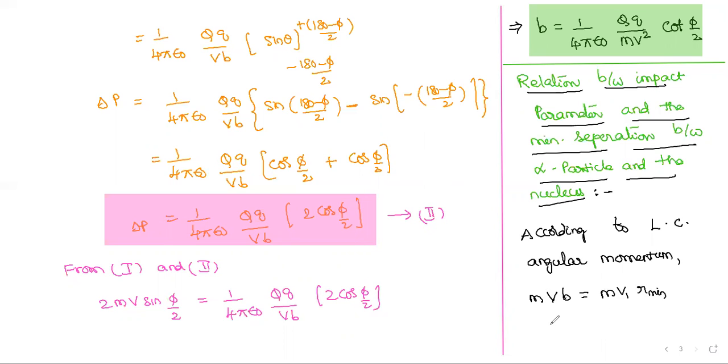That implies I'm getting a small relation here, cancel m, v into b is equal to v1 into r minimum.